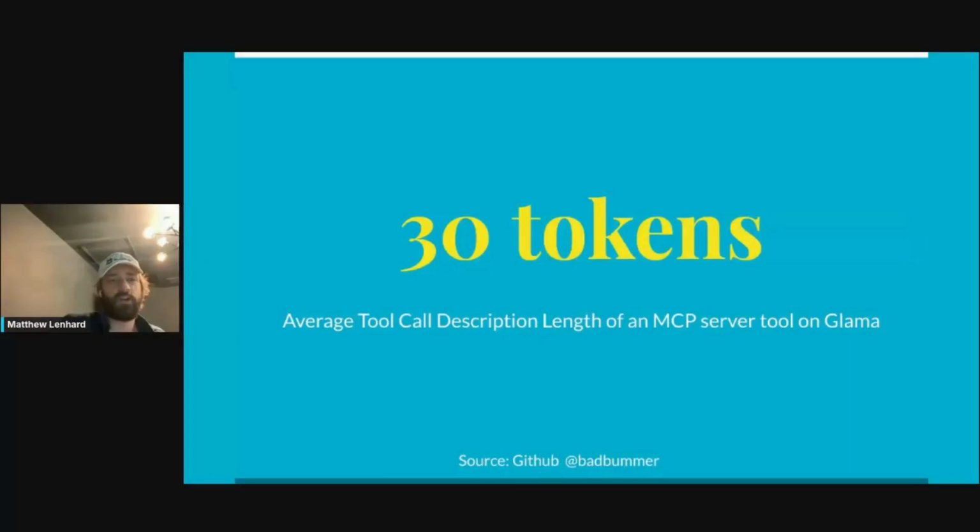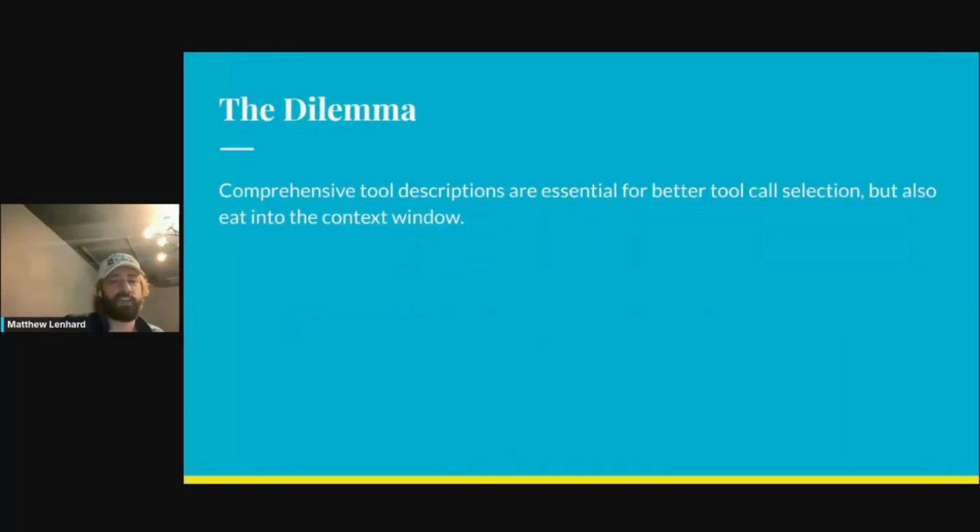So we have this interesting dilemma: if you want to improve tool call selection, you need more comprehensive tool descriptions. Yet on the other hand, the more in-depth your tool descriptions are, the more tools you're loading, the worse tool call selection is, and the more issues you're going to run into with the context window.